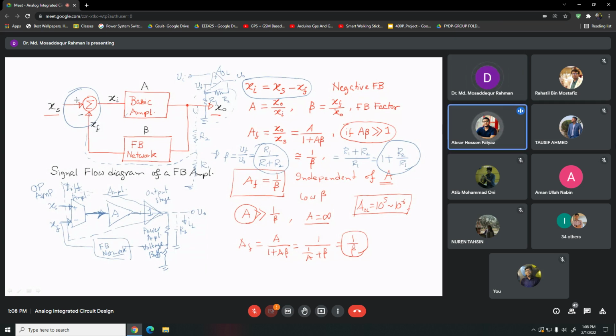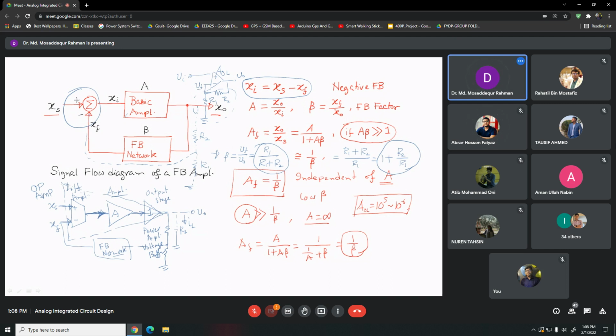Sir, in 207 we learned how to use the op-amp as a voltage buffer, and here you are saying this total thing is an op-amp. Right, the whole op-amp can be used as a voltage buffer, but inside the op-amp you have another buffer. Okay, now I get it.